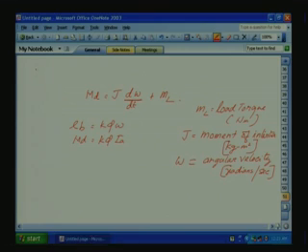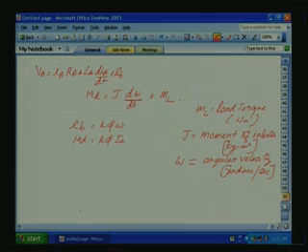VA is equal to IA RA plus LA dIA by dt plus EB back EMF.